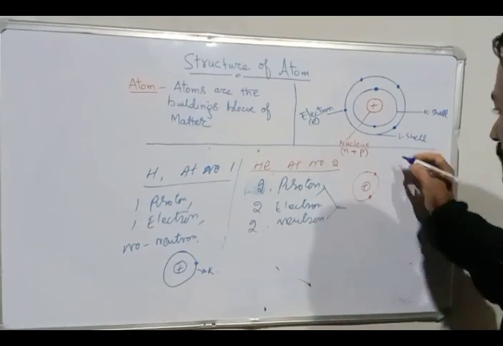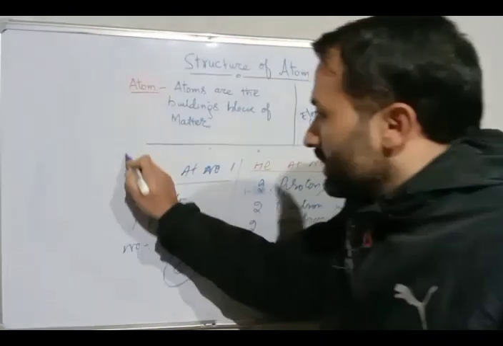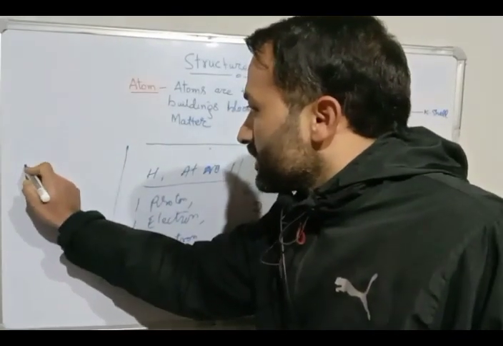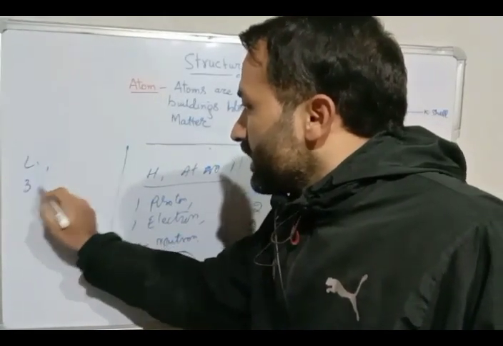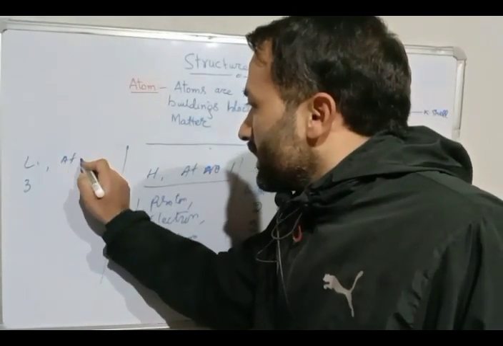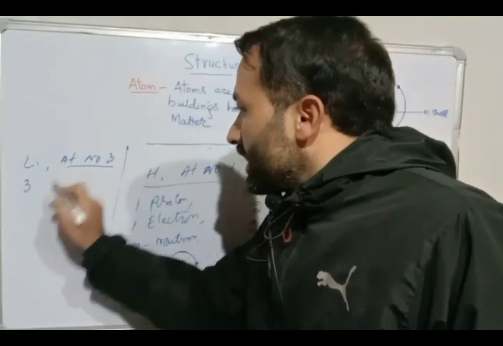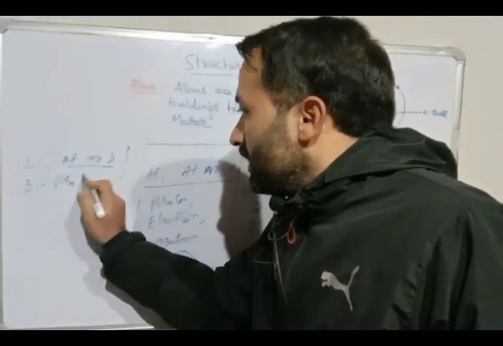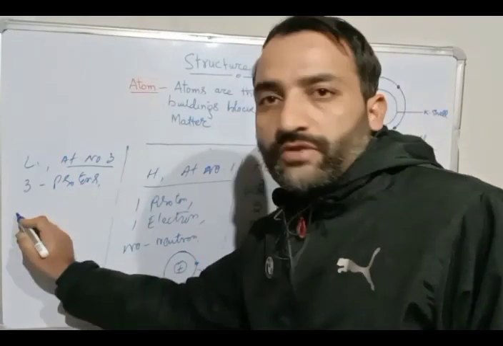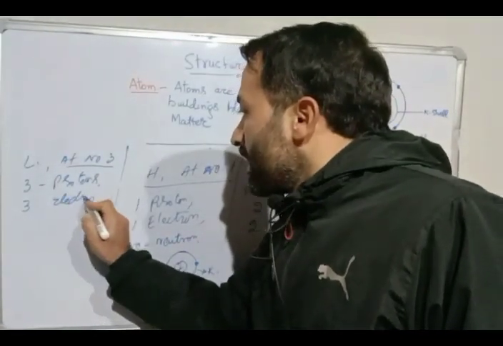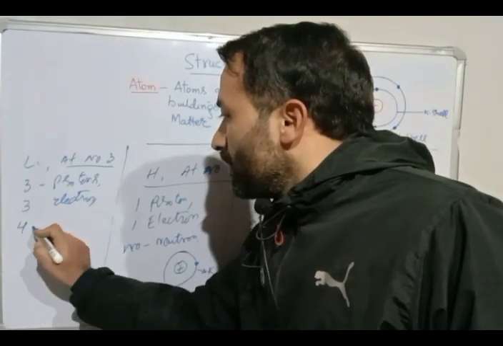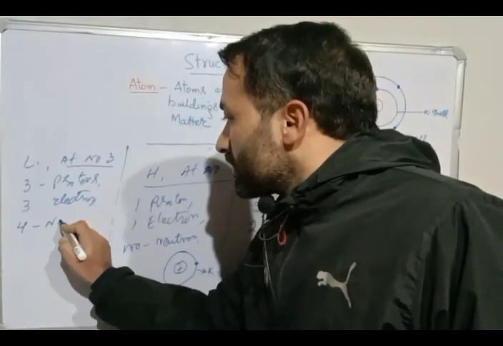Okay, just one more example, of atomic number 3, that is lithium. The atomic number is 3, it has 3 protons, 3 electrons, and 4 neutrons.